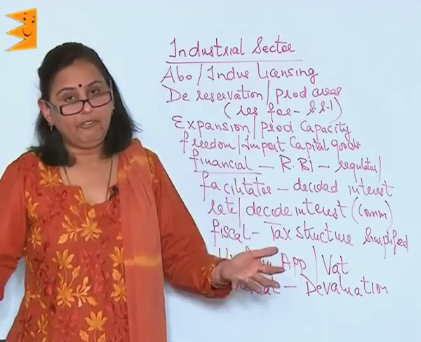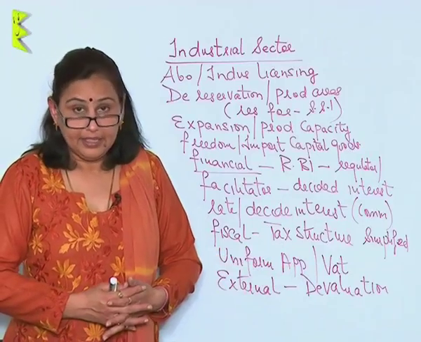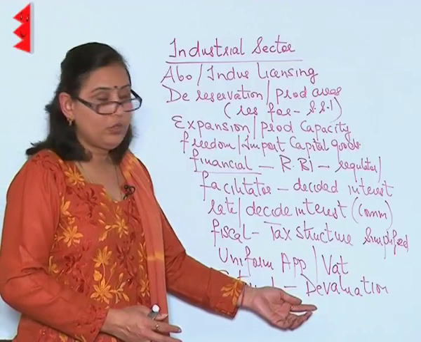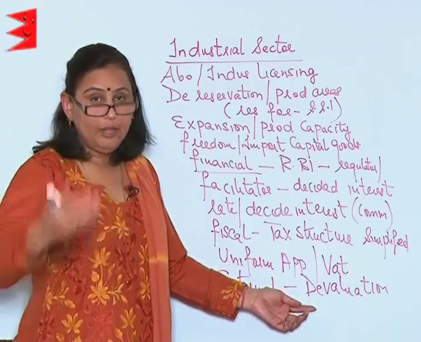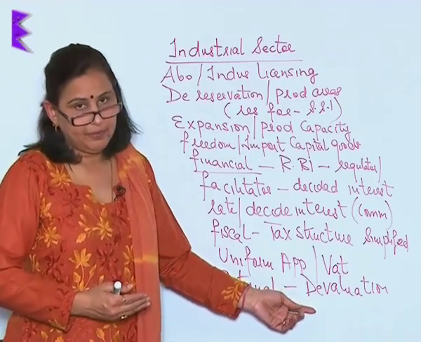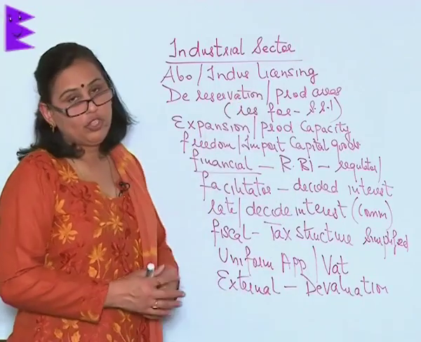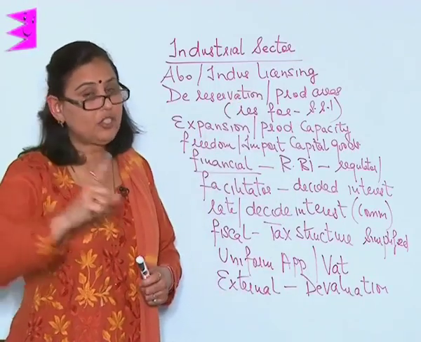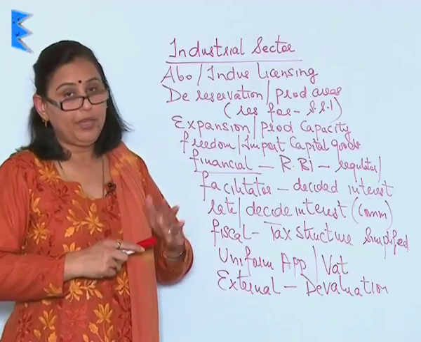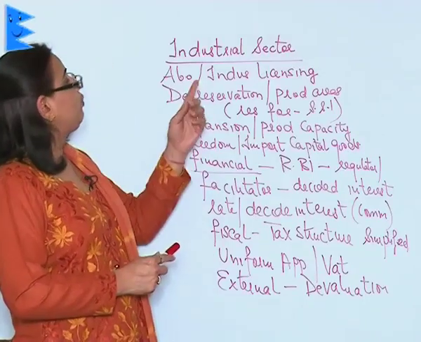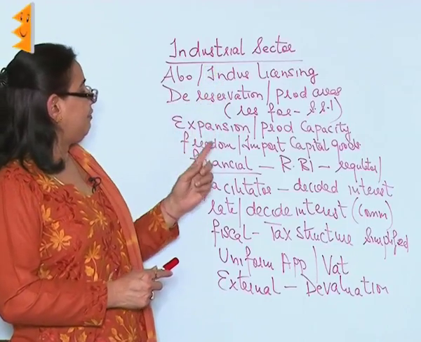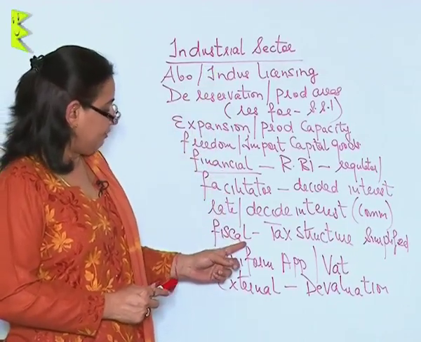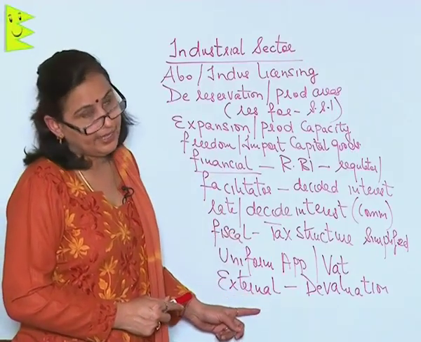And this free flow of trade has given a great boost towards the valuation of the Indian currency. So these are the reforms which have been made under liberalization, the first component of the new economic reforms: industrial sector reforms, financial sector reform, fiscal sector reform, and the external sector reform.